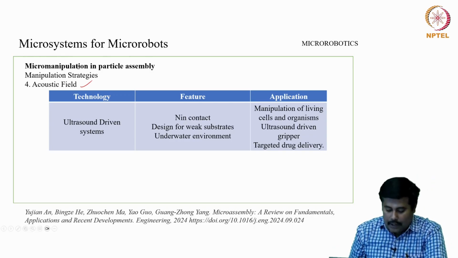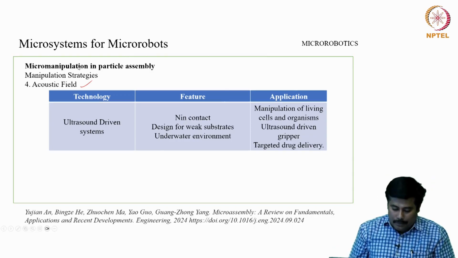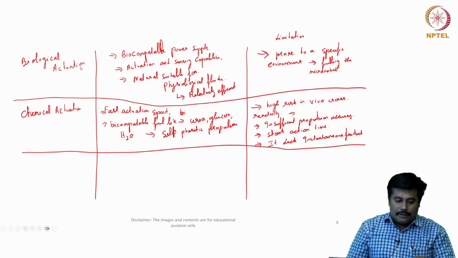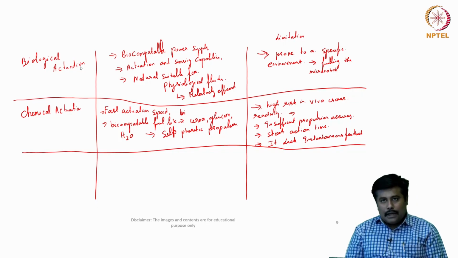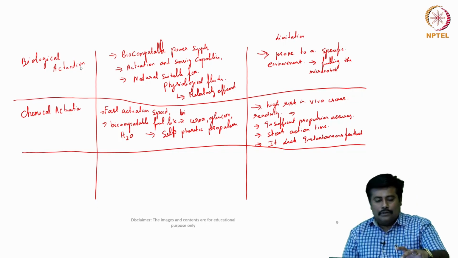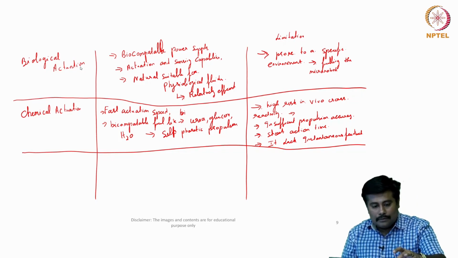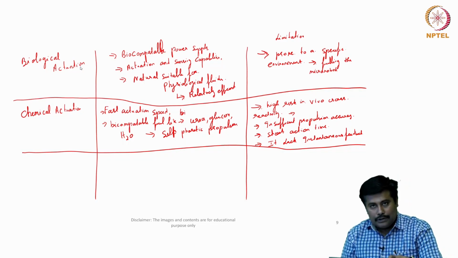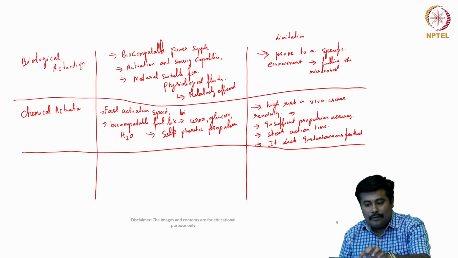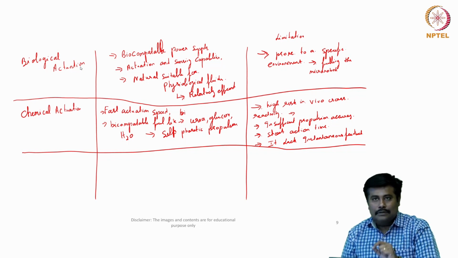We have discussed a lot about this acoustic field based system. We also discussed the other types of actuation, namely biological actuation and chemical actuation, the overall advantages involved in biological actuation and the overall aspects involved in chemical actuation. We also discussed some of the limitations related to this actuation.